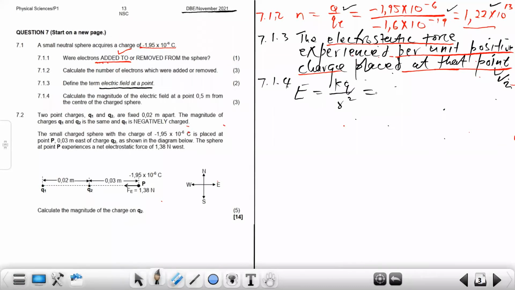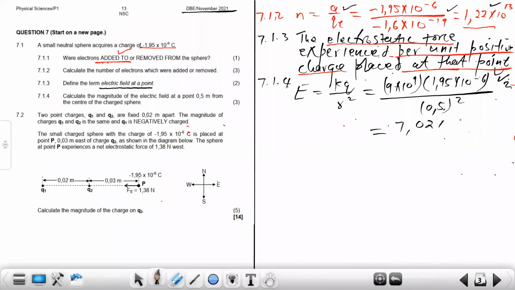So this becomes something like 9 multiplied by 10 to the power 9, and then my charge was given as 1.95 multiplied by 10 to the power negative 6, divided by 0.5, it's in meters, squared. And then I get my final answer as 7.02 multiplied by 10 to the power 4 newton per coulomb.